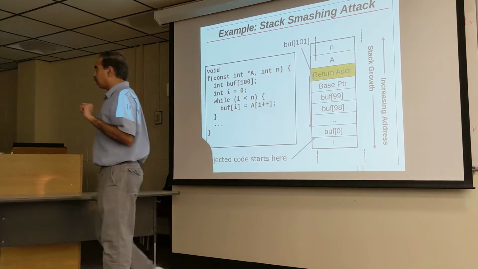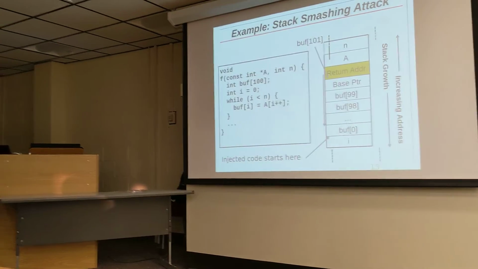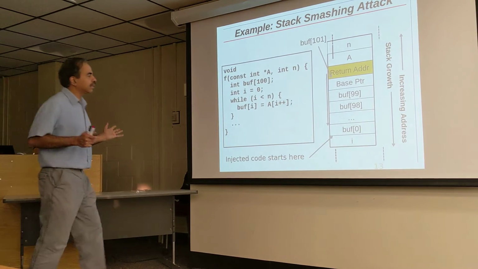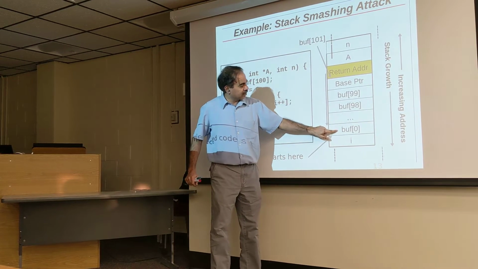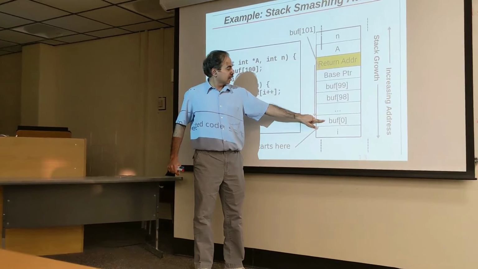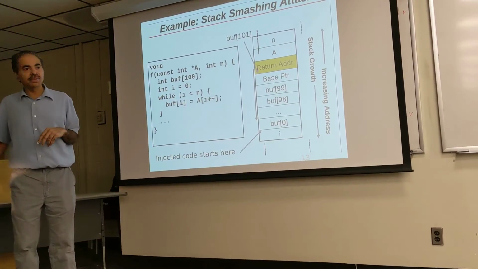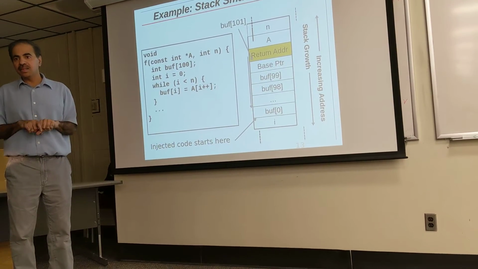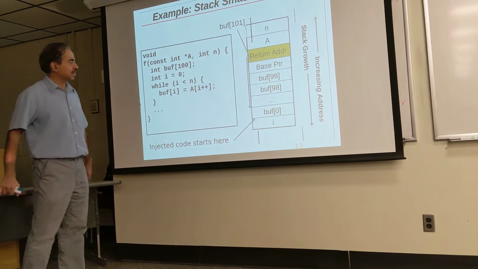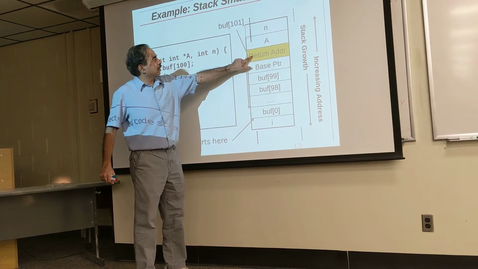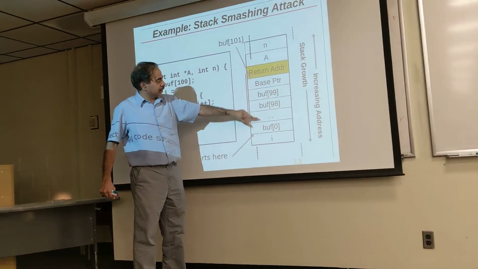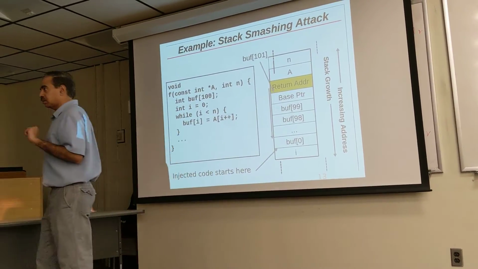and then A101 contains a pointer back to the beginning of the buffer. So in order for all of this to work, the attacker has to know exactly where this is. Is this location 1000 or 1700 or 0xB00, whatever? Whatever the address is, they have to know exactly, so that they can point the return address to the beginning of the buffer. Okay.